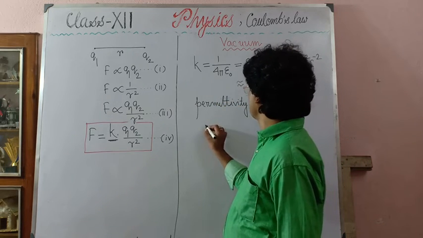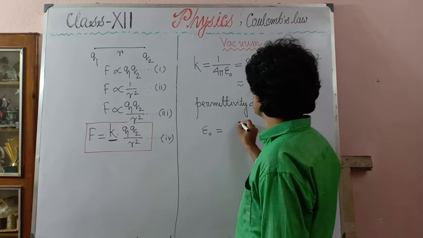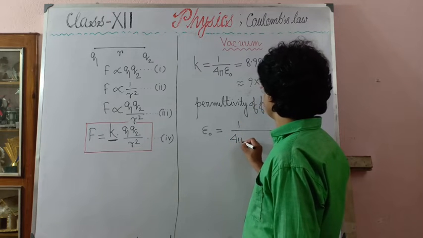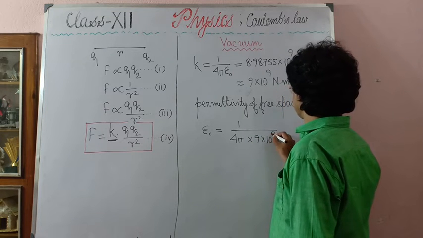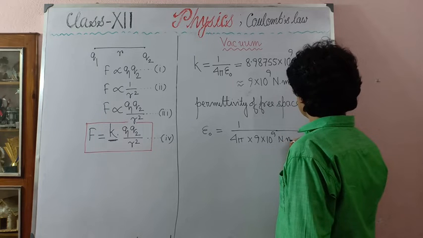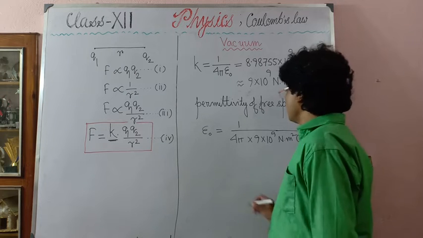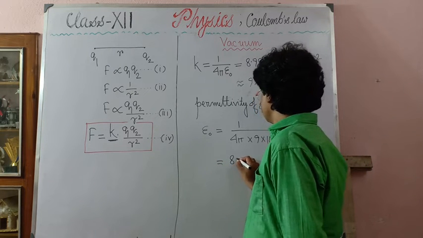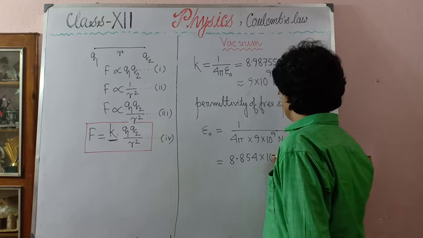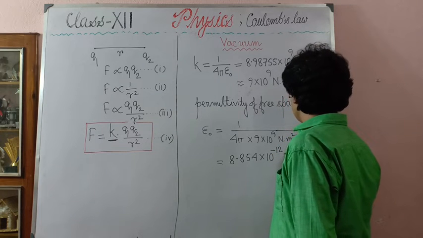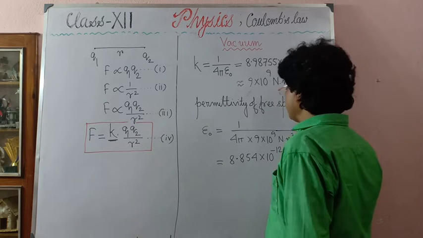From this equation, we can write epsilon 0 equals 1 by 4 pi into 9 into 10 to the power 9 Newton meter square per Coulomb square, which equals 8.854 into 10 to the power minus 12 Coulomb square per Newton per meter square.